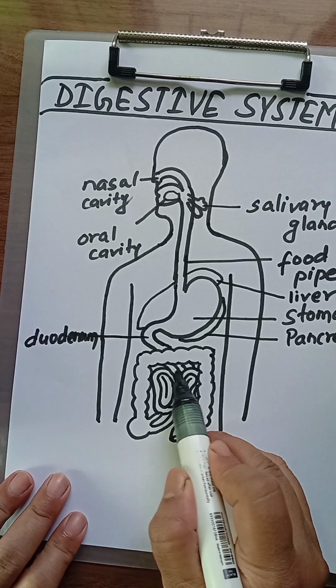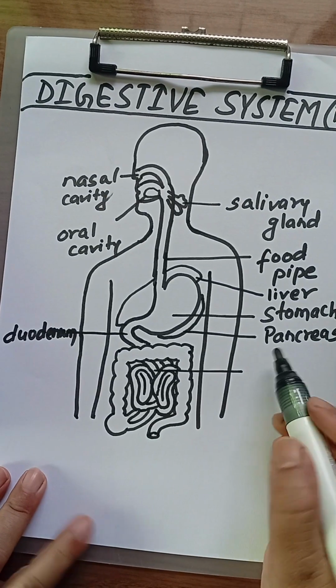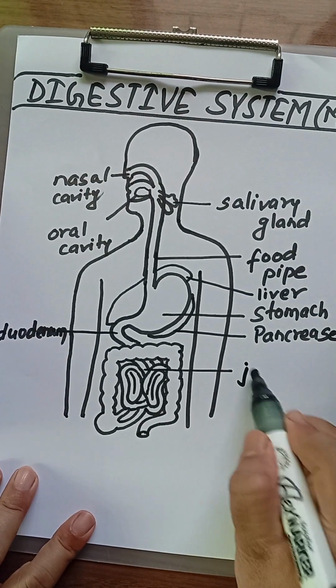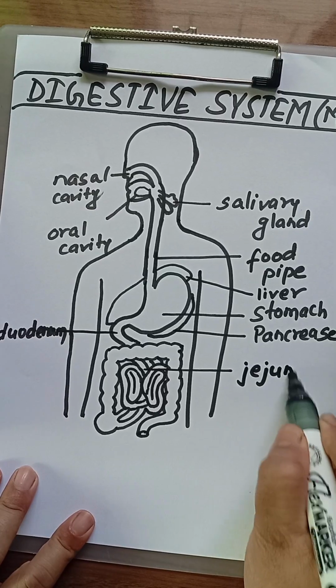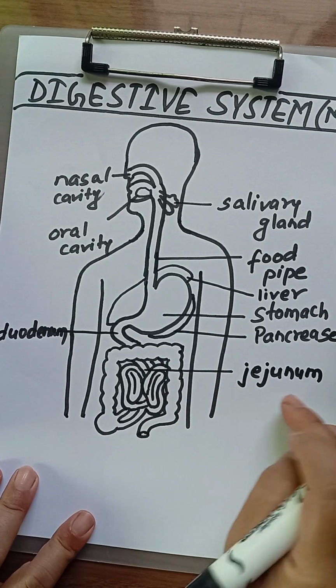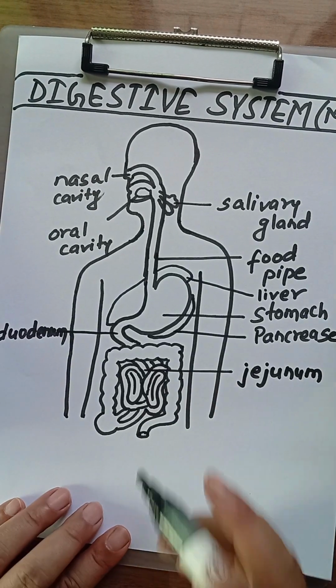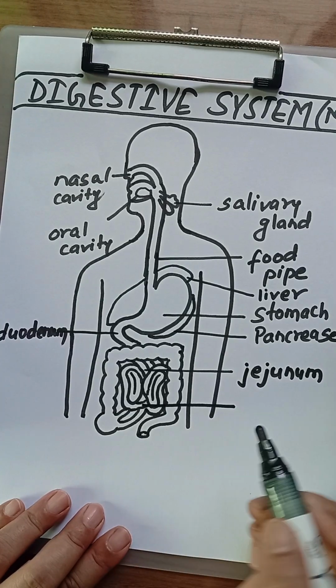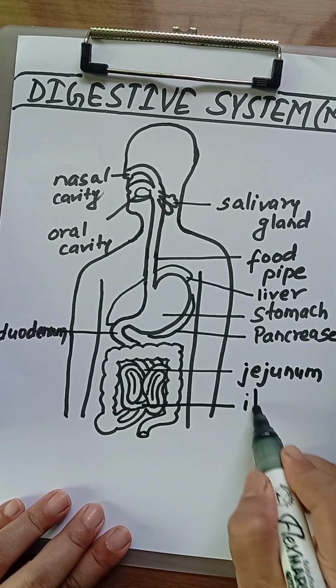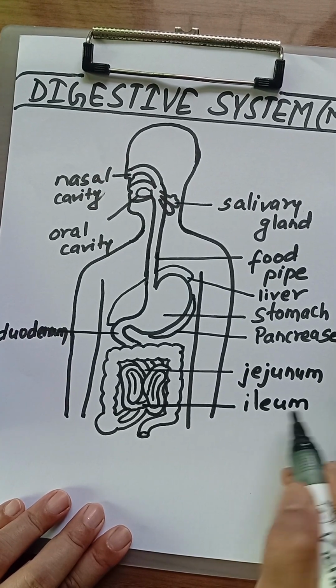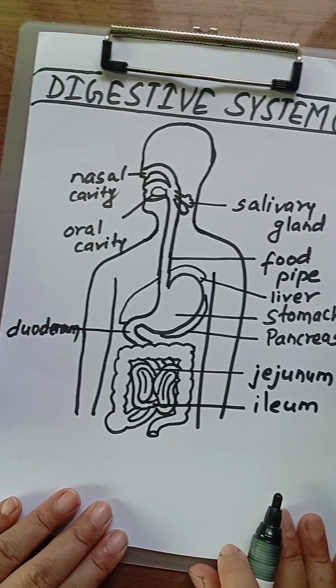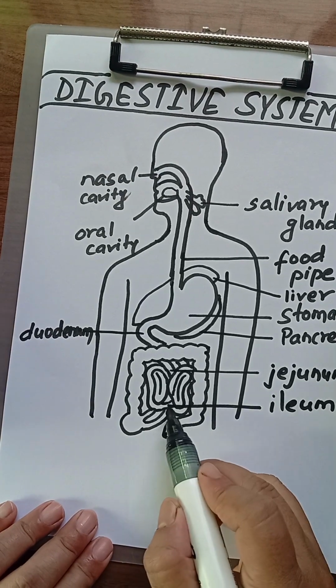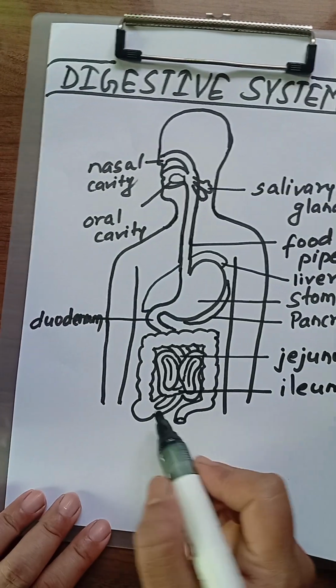And this part is called jejunum. This is the middle part of the small intestine, and the last part is known as ileum, where the absorption takes place. And let's continue the diagram.